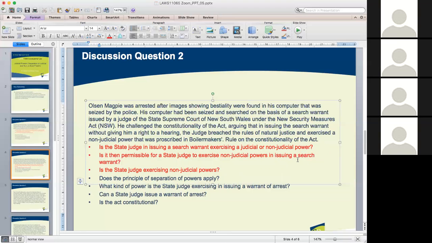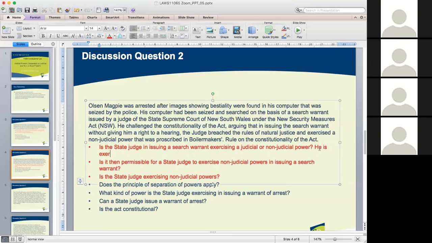Okay, so that's the legal issue. Is it permissible? The answer to the first question, is the state judge in issuing a search warrant exercising a non-judicial power or a judicial power, was that he is exercising a non-judicial power. The next question is, if he is exercising a non-judicial power, is it permissible for that state judge to exercise non-judicial powers?